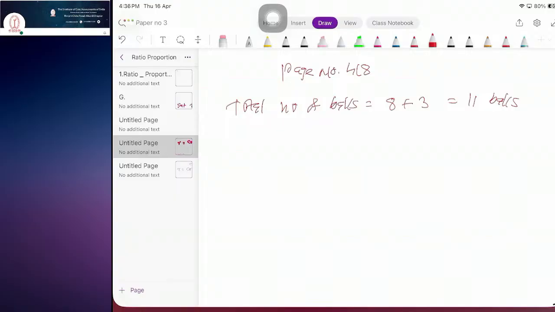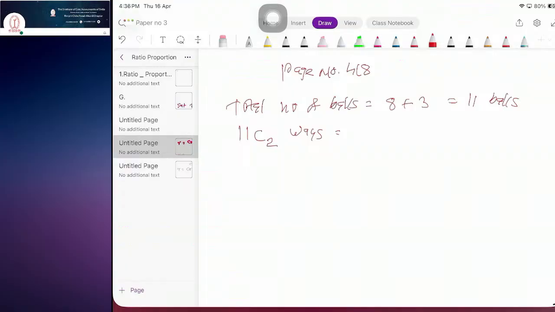Now if two balls are drawn at random, first we will find out, of 11 balls we want to draw 2 balls. So how many number of ways is it possible? That will be 11C2 number of ways.